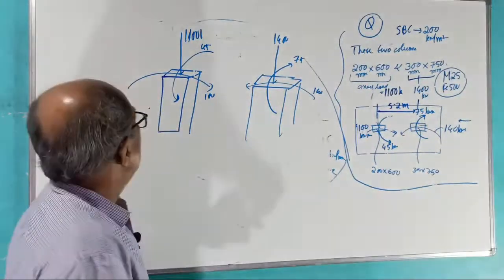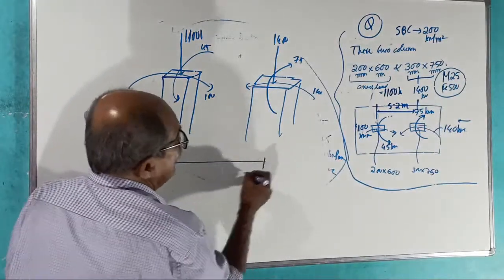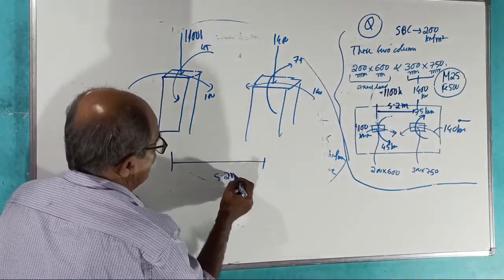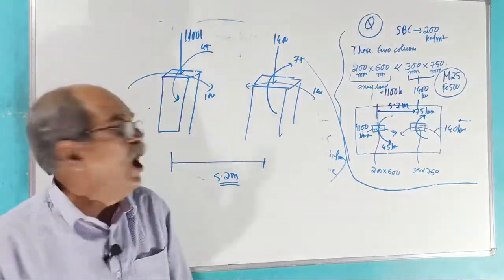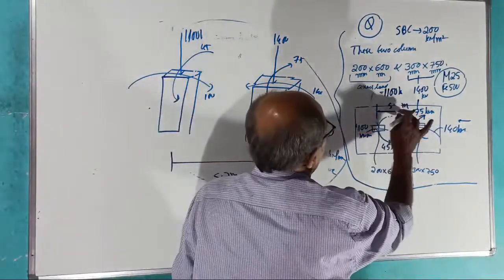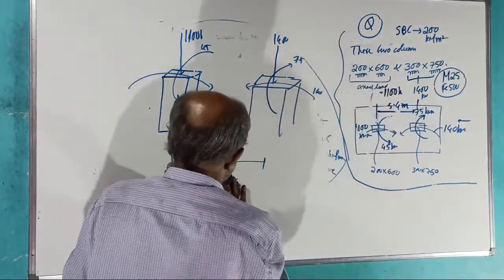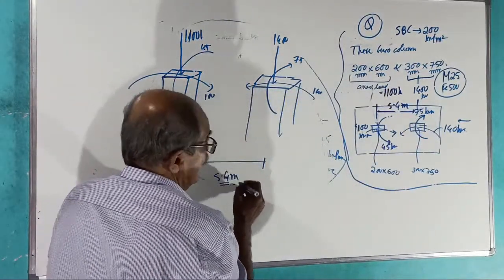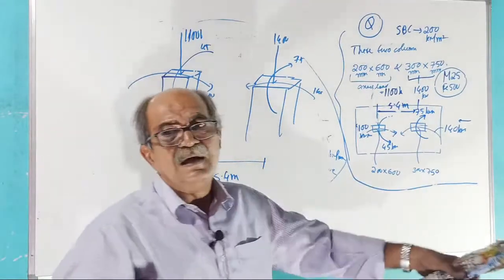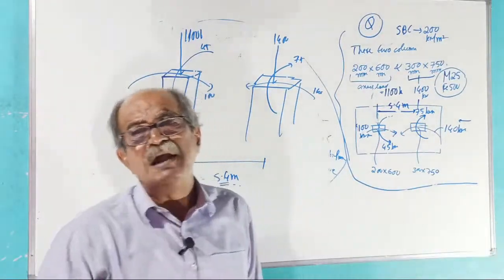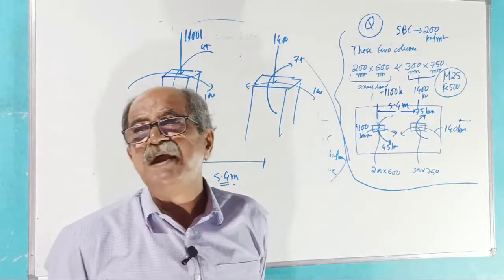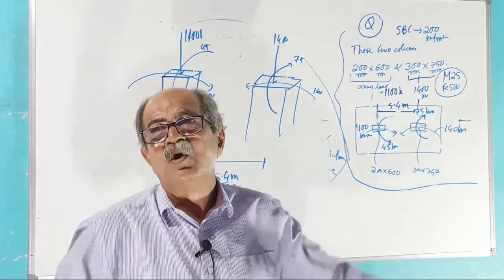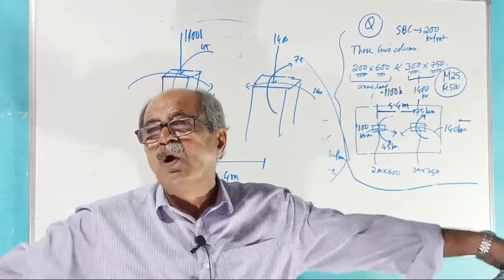Question fully clear. The center of column is how much? 5.2 meter. Center of column is 5.2 meter. Or I change the data to 5.4 meter because I first got 5.4 only. Column spacing of 5 meter is quite popular. Sometimes the most popular spacing is 3 meter, 3.5 meter, nowadays around 4 meter, sometimes little more, 5 meter.